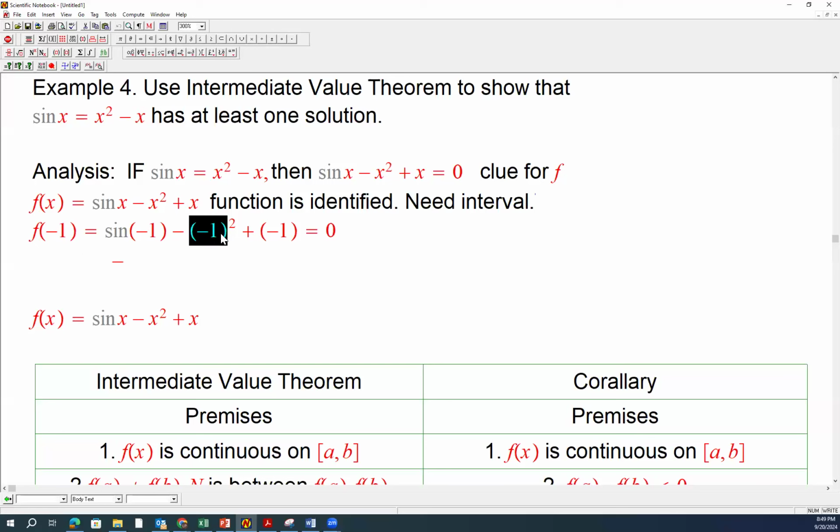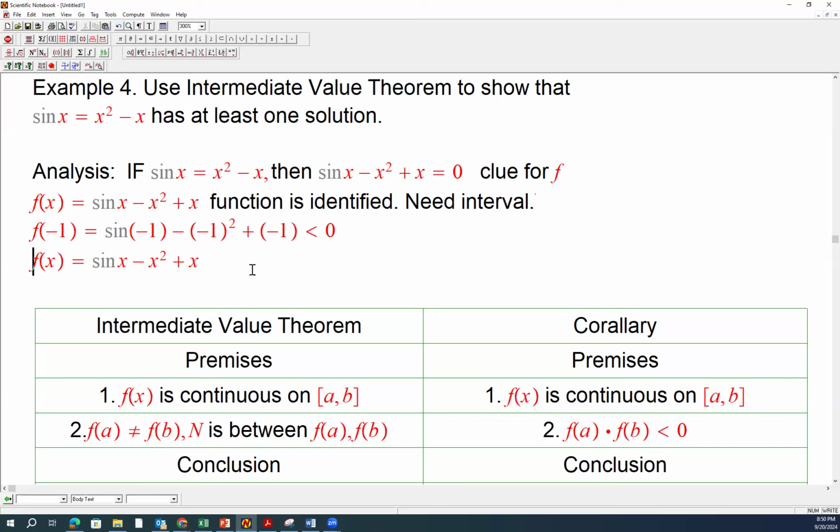But this is going to be +1, so -1. So the whole thing is going to be negative, less than 0, according to my assessment, because this is a -1 plus another -1.